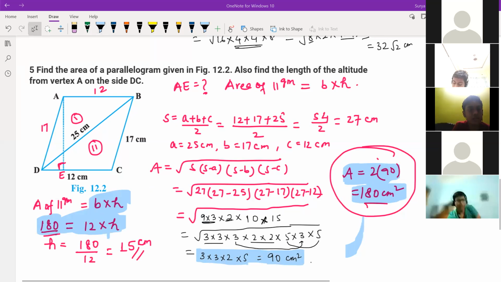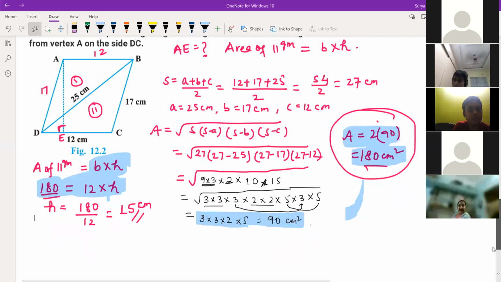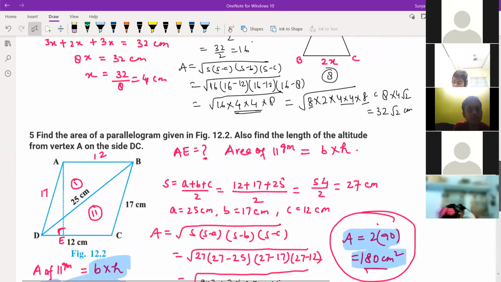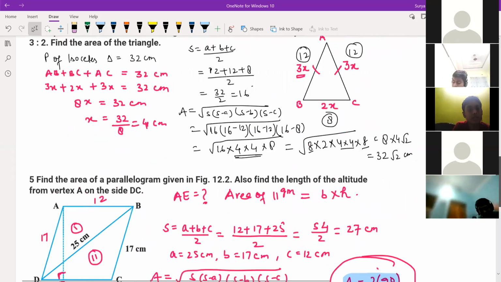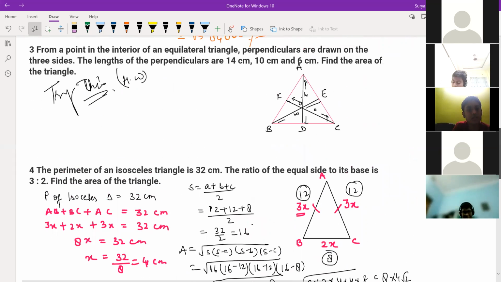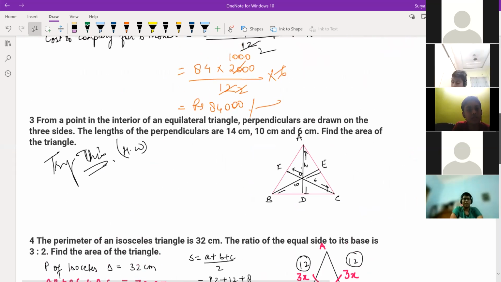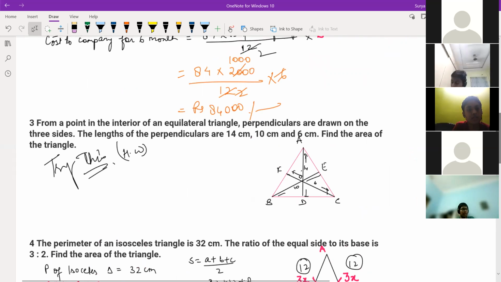Next one is, any more questions? One question was very, very important. I am not able to find that. 1 minute. All of you do this question number 3rd here. I have given the homework long back. Question number 3rd, all of you do.